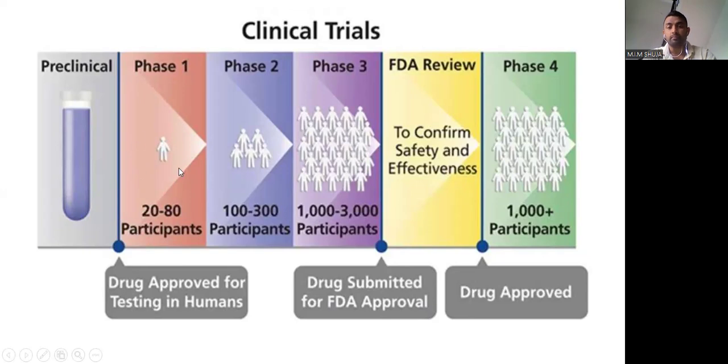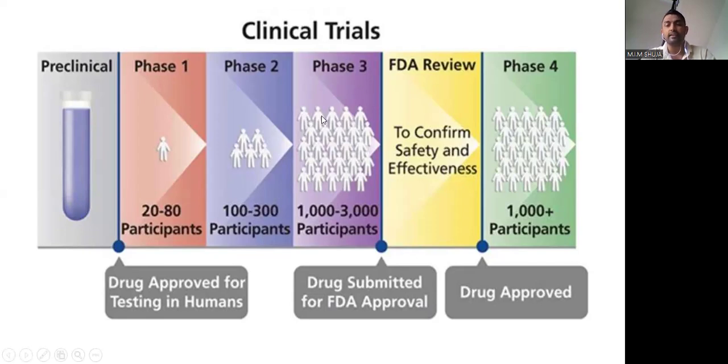Mainly at this point you will select healthy individuals. But in a few rare occasions, even diseased individuals are used for the phase one clinical trial. Then phase two, you perform that on more participants.